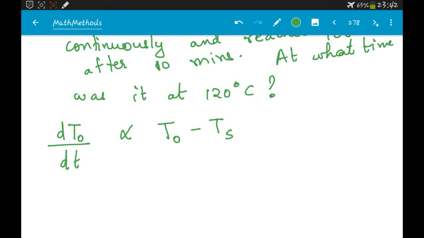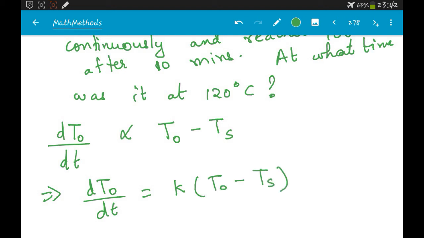Okay, this we have written. So this can be converted to an equation form, which is, you just add a proportionality constant, so K into T0 minus Ts. Okay, so this is your proportionality constant.